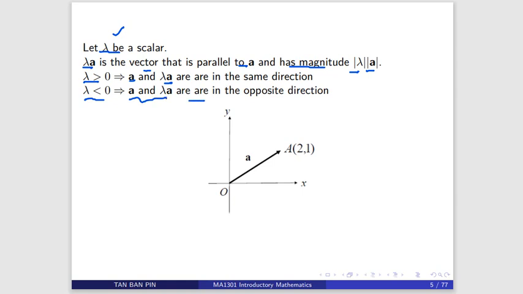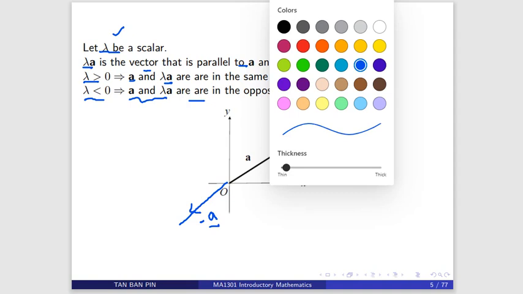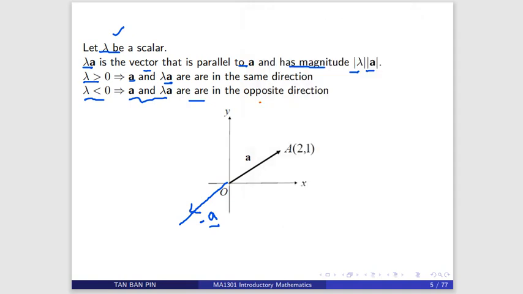So if you draw minus A for this example, then you should be drawing this way. Negative A: the length is the same, but it's in the opposite direction to A. If you want to draw 2A, then you should draw double the length and the same direction. So this will be 2A.